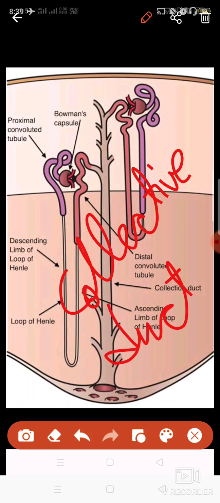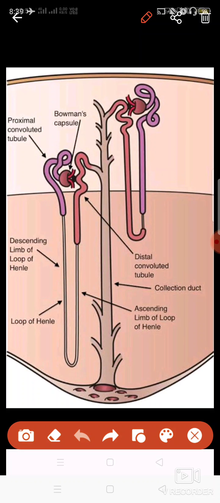This proximal convoluted tubule is the first part of the tubule which is connected to the Bowman's capsule, and here the ultrafiltration takes place. Then this is the descending limb and ascending limb, which means the loop of Henle, or this finer tubule, is known as loop of Henle, which runs downwards and then goes upwards, that is why it is known as ascending and descending.